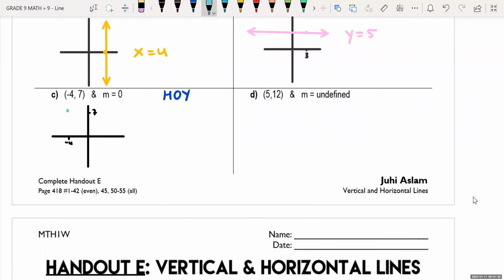And because the slope is 0, it means it has to be a horizontal line. So I'm going to draw my horizontal line this way. And I'm going to cheat and move my dot over because it's probably easier to do that. So the dot is going to be there.